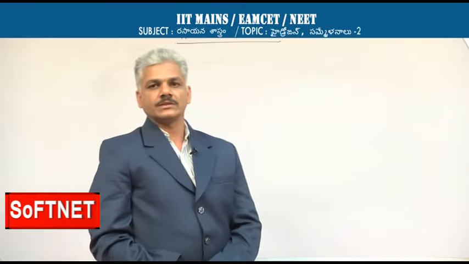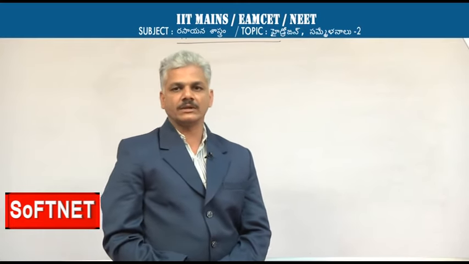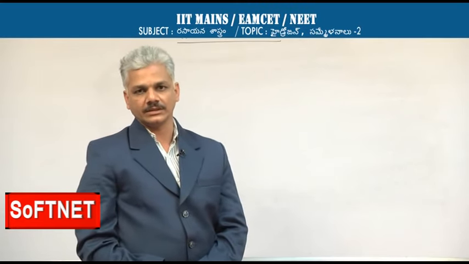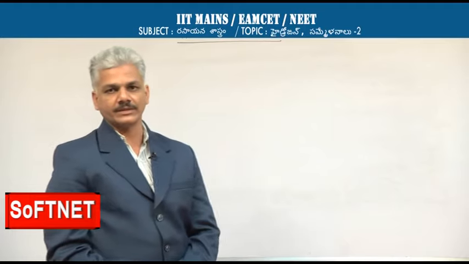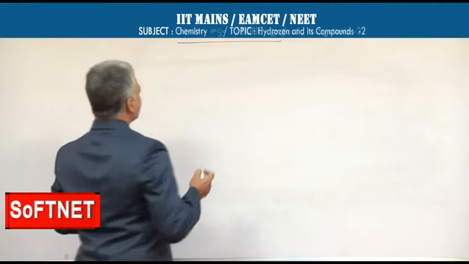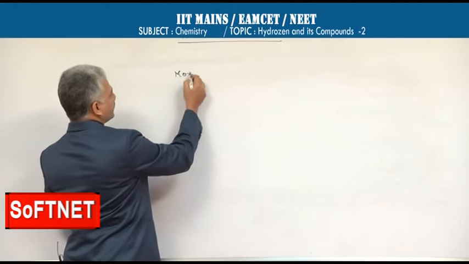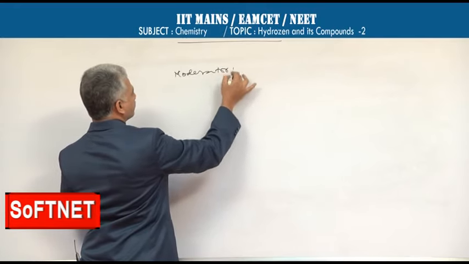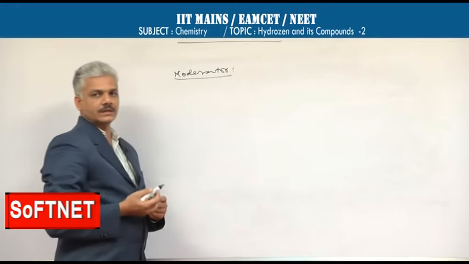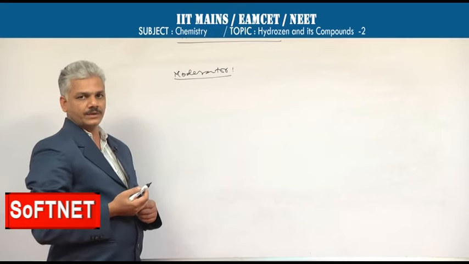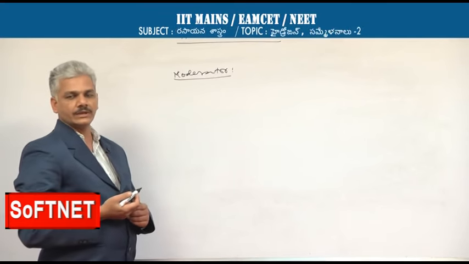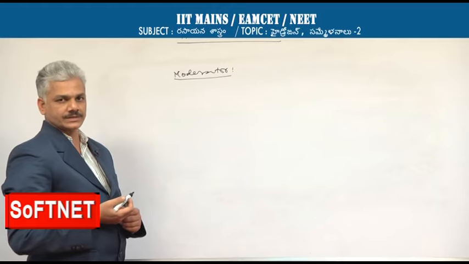What are the uses of heavy water? Heavy water is used as a moderator in nuclear power plants. The moderator will decrease the speed of secondary neutrons produced during the nuclear fission reactions.